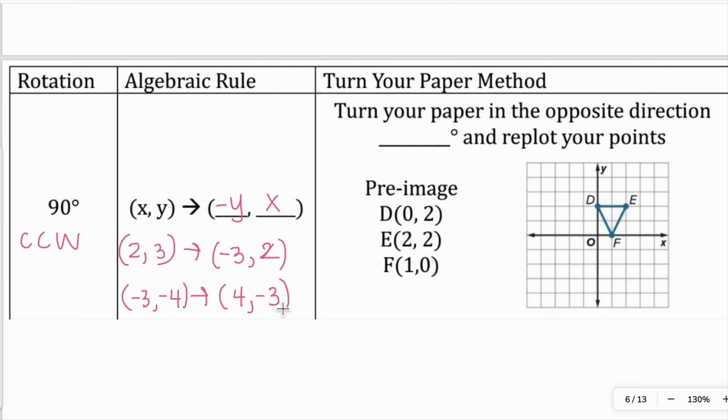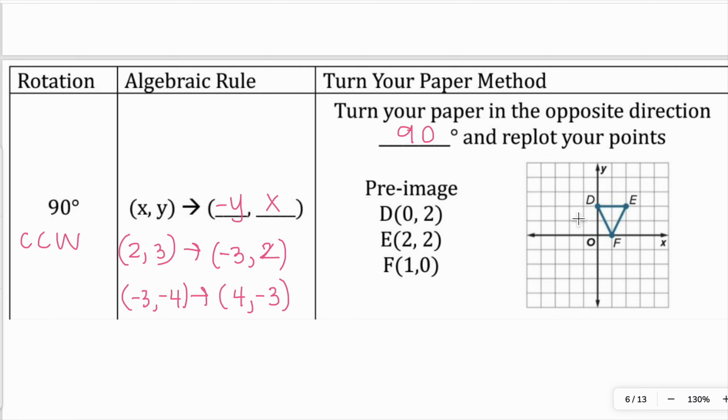The other way we can do this is turning your paper method. This is going to be tricky for me to do on the screen because you're not going to be able to see me turn my screen, but turning your paper method in the opposite direction of 90 degrees and then replotting the original points.